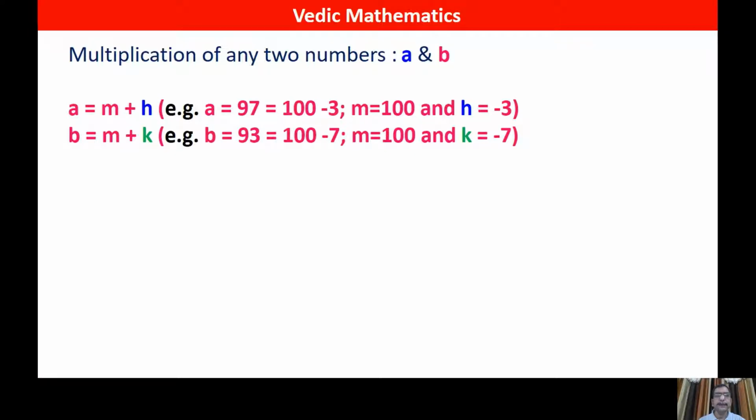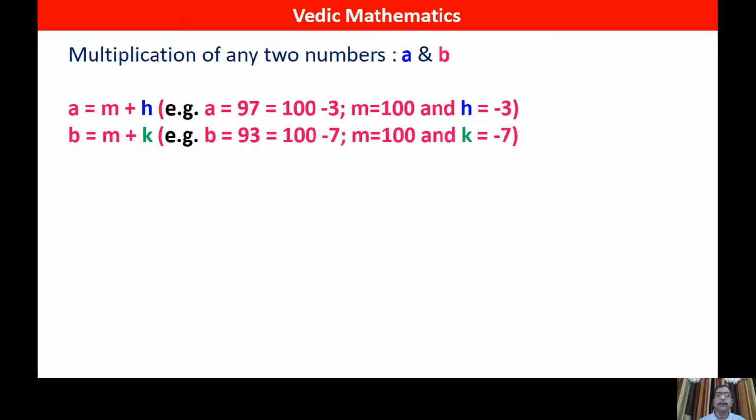This is why any two numbers A and B are arranged in such a way that there is a number like 100 minus 3. Working with hundreds makes the calculation easy, and working with small numbers also makes the working easy. So what we are going to discuss today is taking numbers which are closer to 100 or 10 or 1000, something like that.